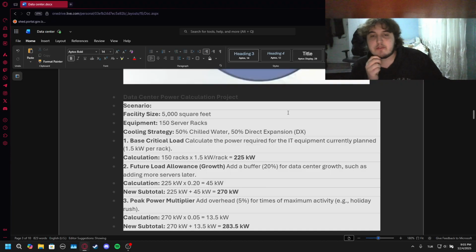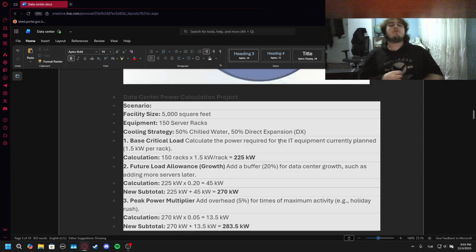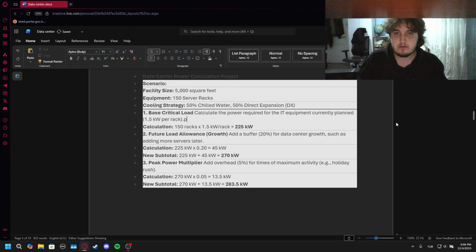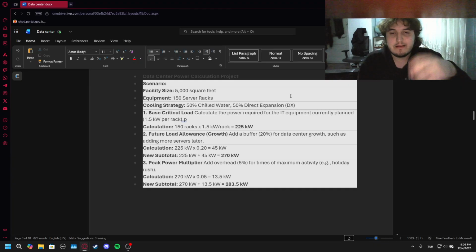Two, future load allowance for growth. Add a buffer of 20% for data center growth, such as adding more servers later. You're adding more servers, you're adding more, let's say, lighting. It doesn't have to be actual servers. It can be anything. You just added another room and you have more workers.